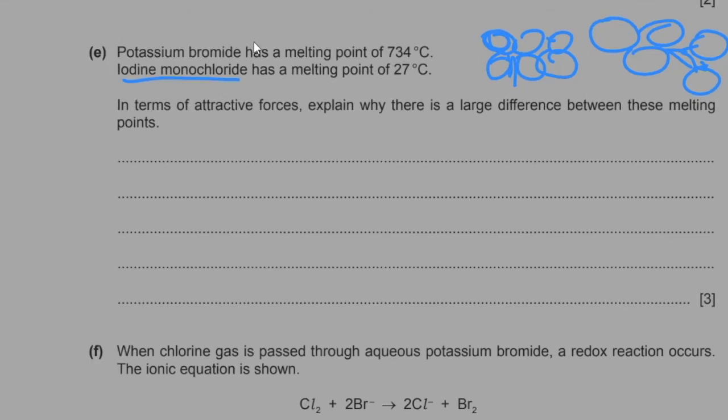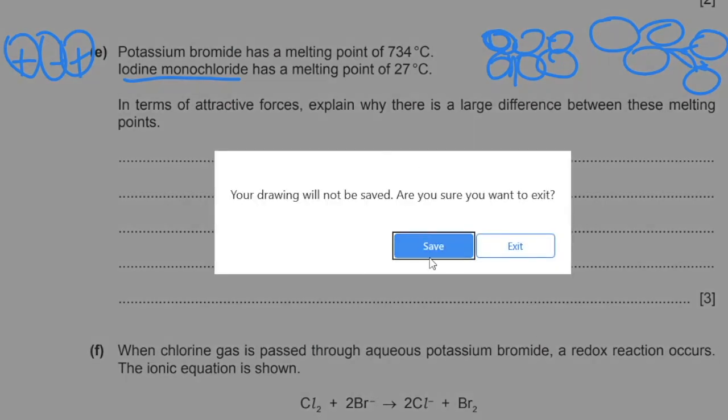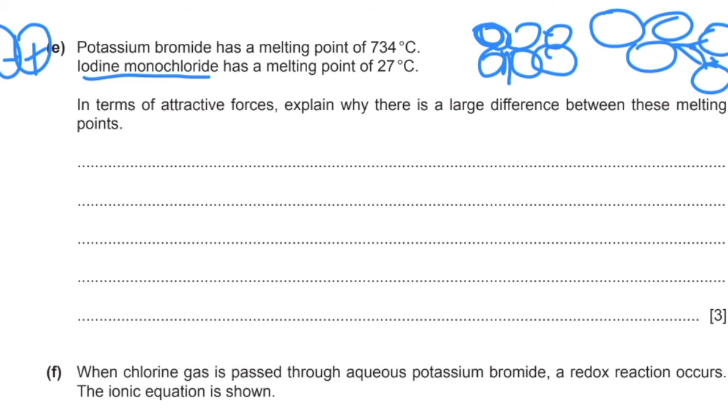However, potassium bromide is an ionic compound, which means it has an ionic lattice, and for the melting of an ionic compound, the ions themselves are supposed to be separated, which requires a lot more energy than just breaking forces between molecules. So that is why there's a huge gap between the melting points of covalent compounds and ionic compounds.